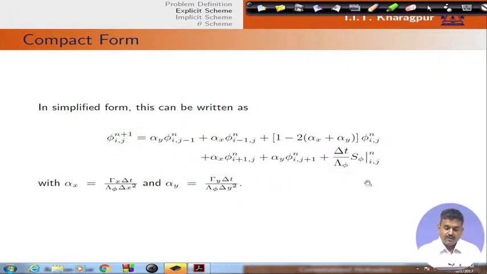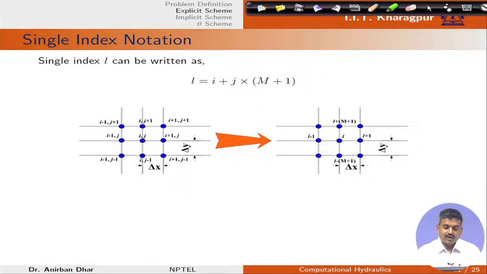If we use our single index notation, again we can transform this whole system into single index.